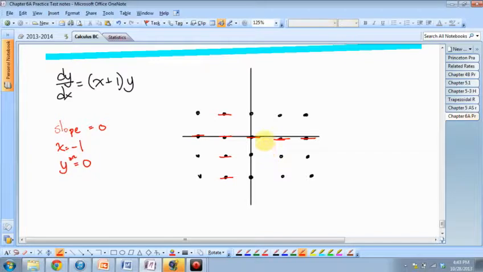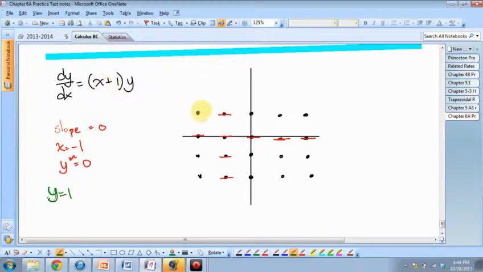So let's start with this first one. In this first one, y is equal to 1, right? So when y is equal to 1, then the slope is the same thing as the x coordinate plus 1.